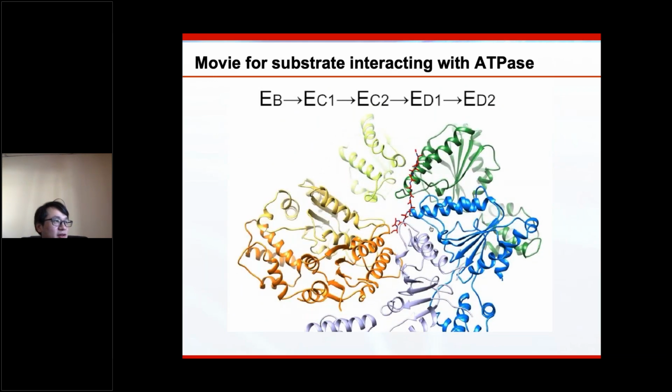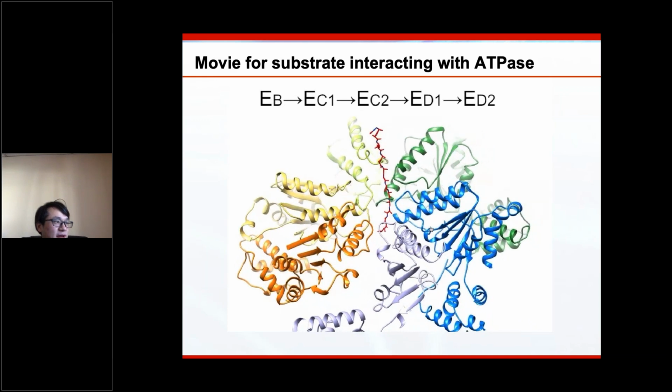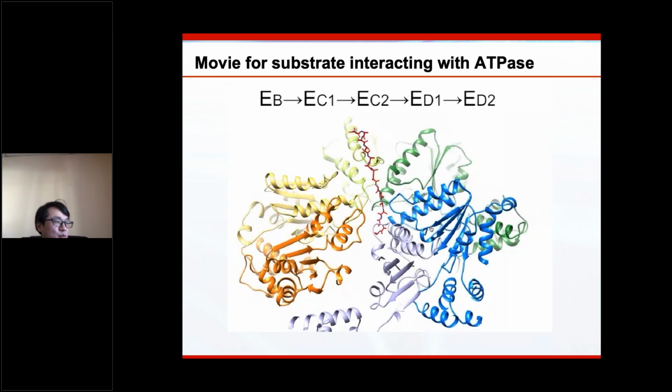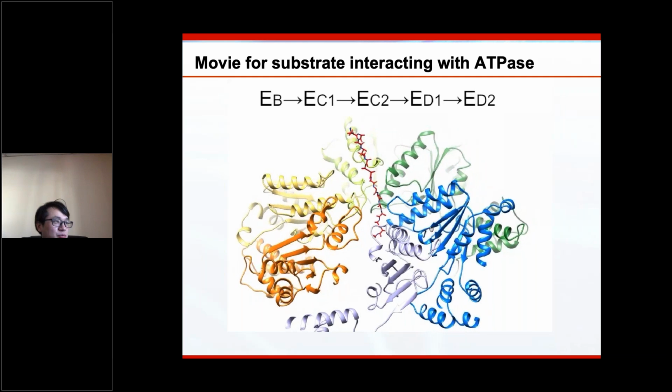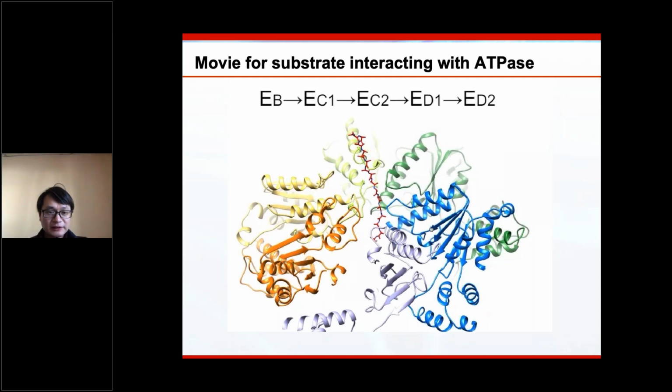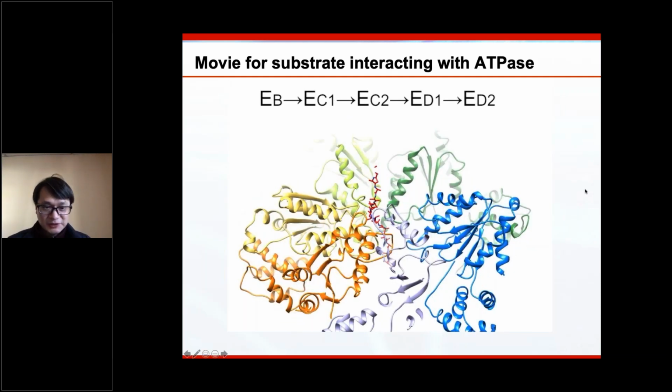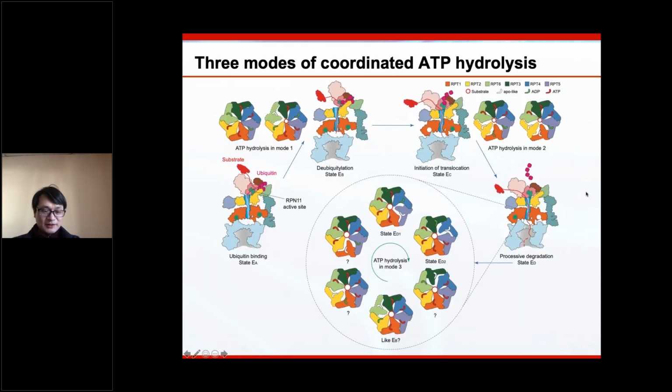So that connects the whole thing together, and we look at more how the substrate was translocated. Okay, so it's the same as the previous movie: we did not do any molecular dynamics simulation. We just connect these structures together and let them play.